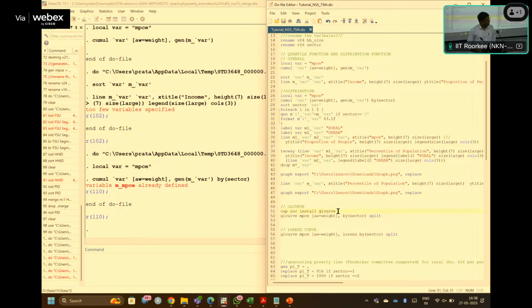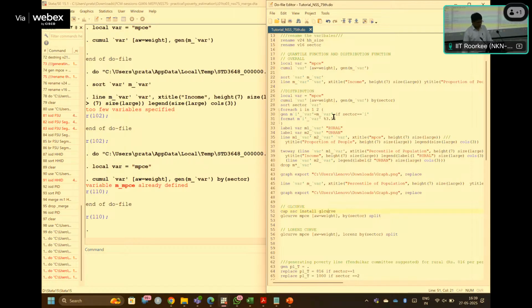What does this local variable mean? Local is not a variable. Local means you are calling the name of the variable. Unless you run the entire line together, that name will be forgotten, so you are not creating something stored in memory. But if you define global, that means Stata remembers that name.